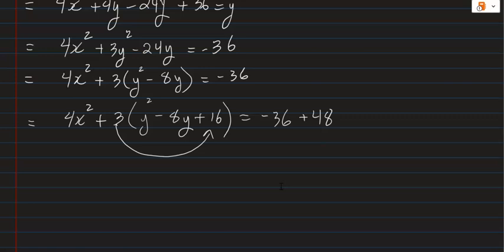And then when you simplify, the last step will end up being 4x squared plus 3 times the bracket. I'm going to factor that, and that becomes (y minus 4) all squared equals 12.